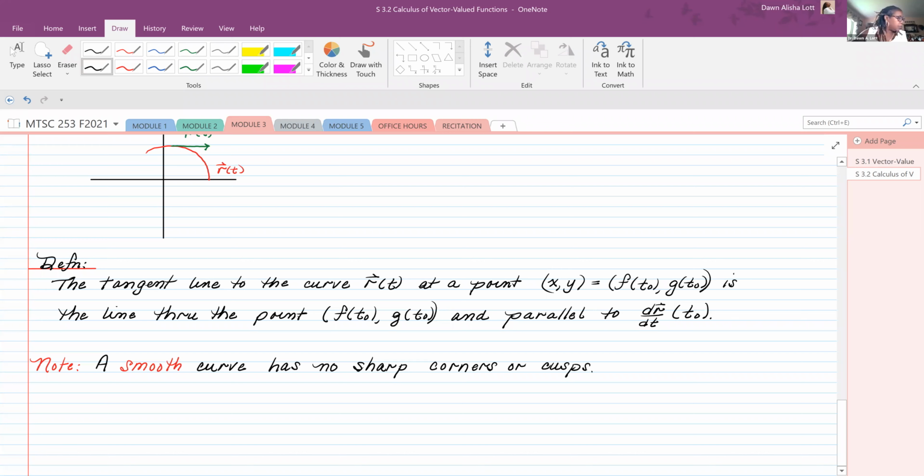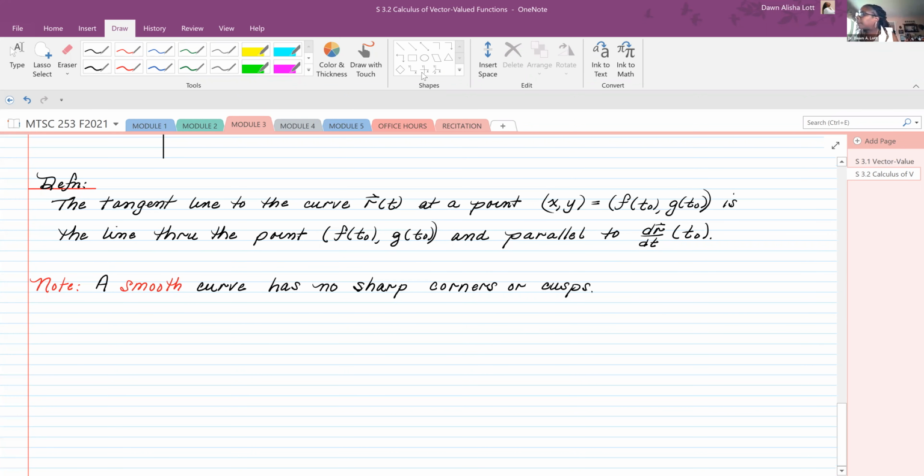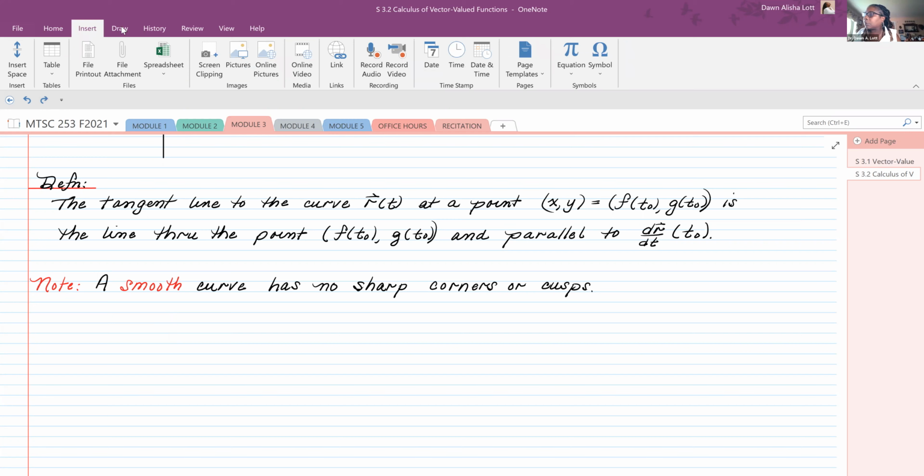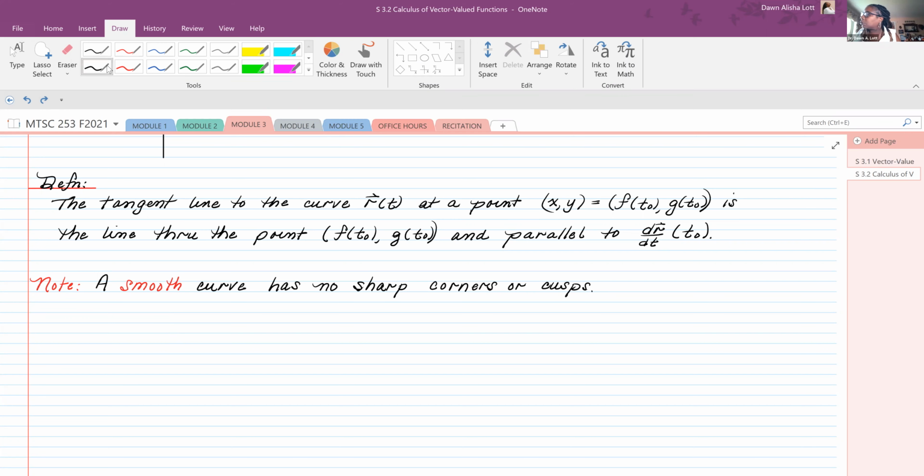Okay, so for example, I don't know what's wrong with my OneNote that it does this, but it drives me completely bonkers.